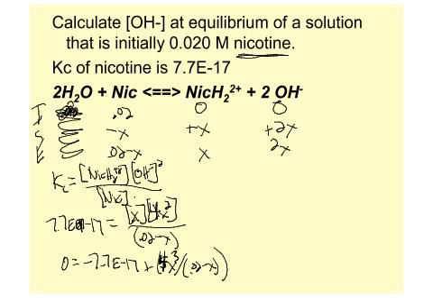7.7 E negative 17 plus quantity 4x. I wish I knew where the cube button was, but I got to do it old school. Divided by quantity 0.02 minus x quantity. And I don't doubt that I probably over quantity things, but I don't care.